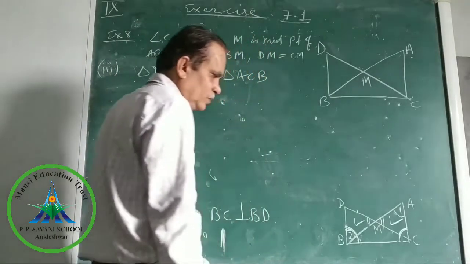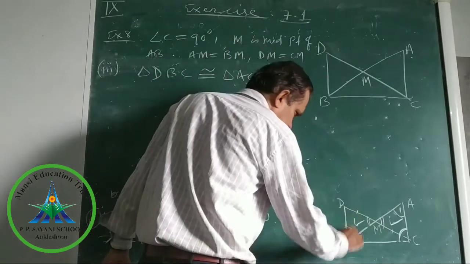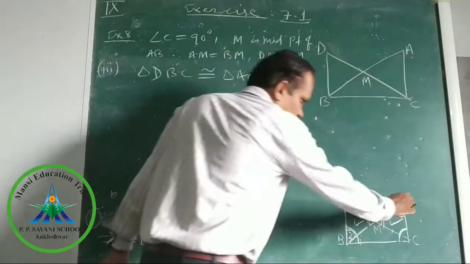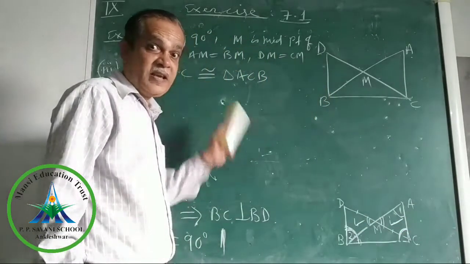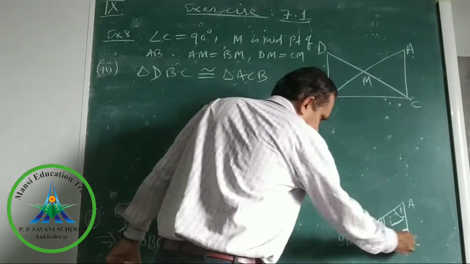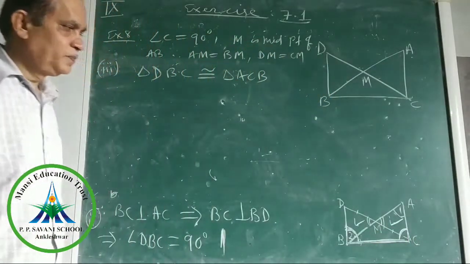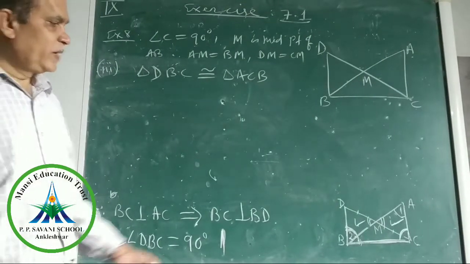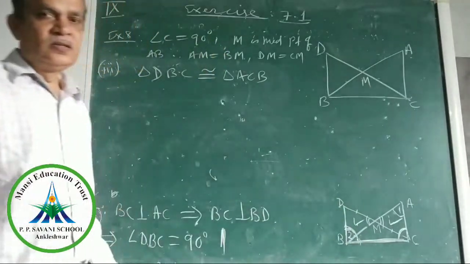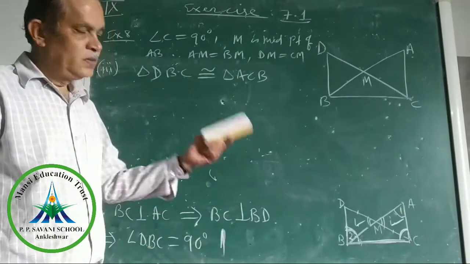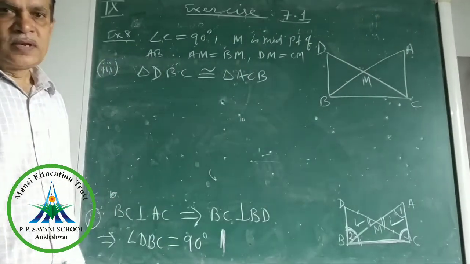Then DB equal to AC, proved earlier, and BC equal to CB, common. Right? Therefore, side angle side, the triangles are congruent.